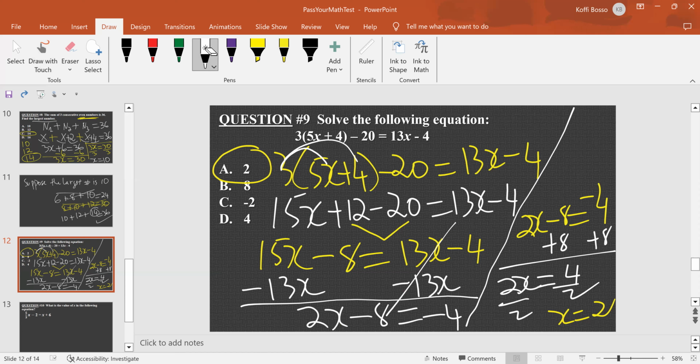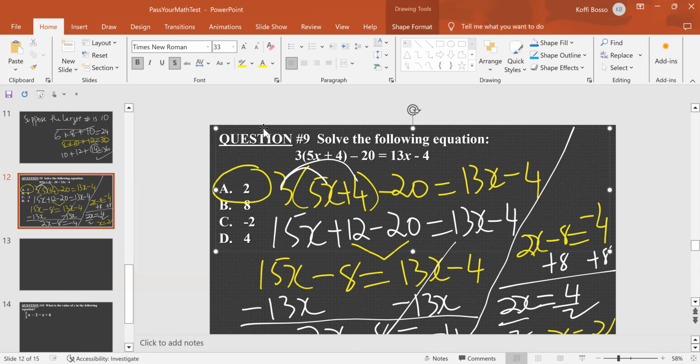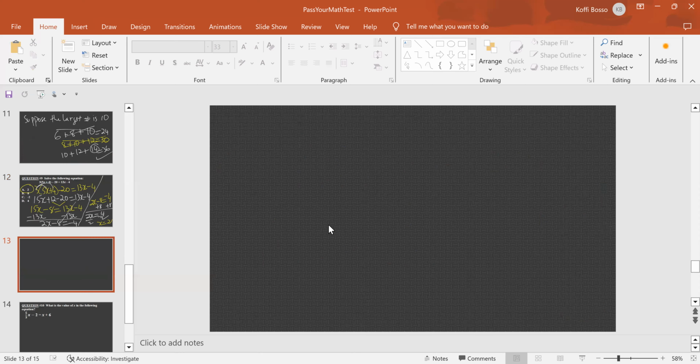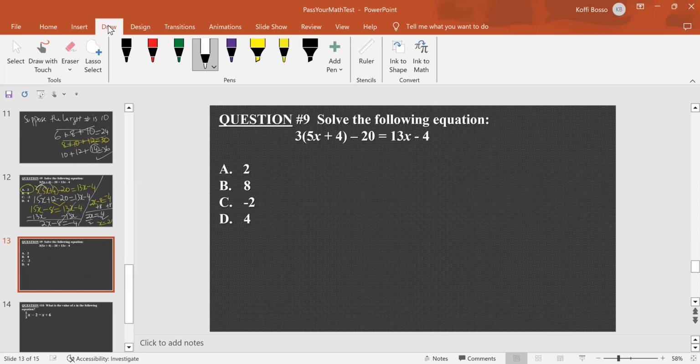So if you replace x by 2 in the equation, let's use a different slide to show that. I want to show that my solution, which is A, is correct.